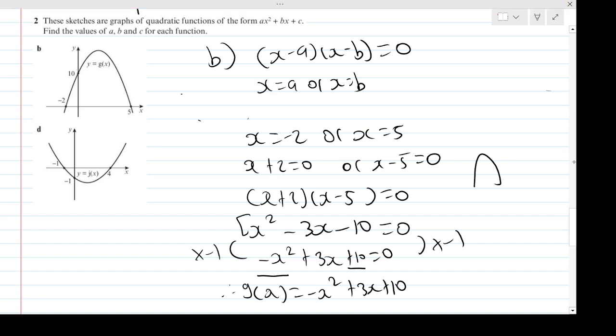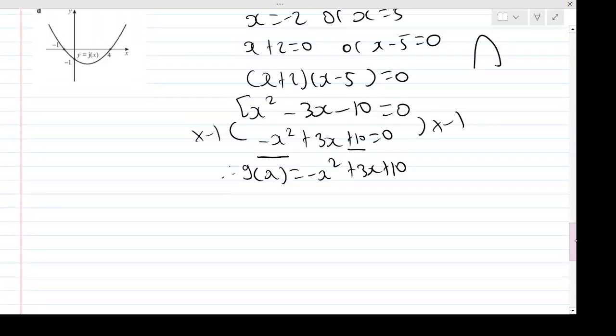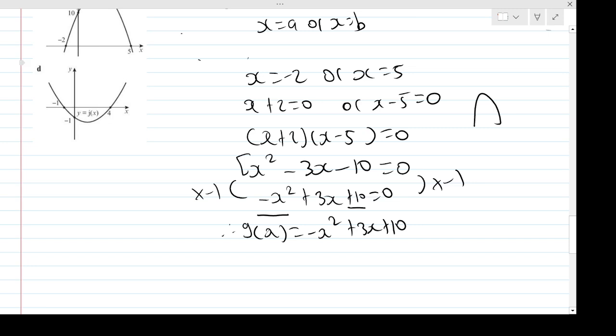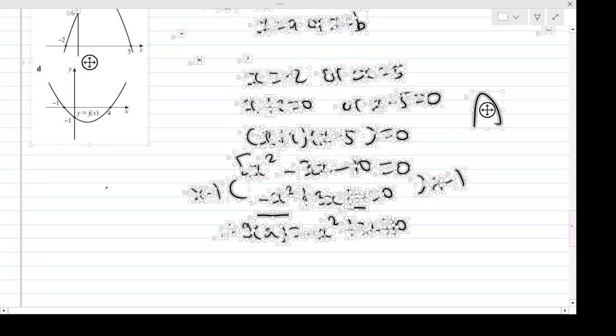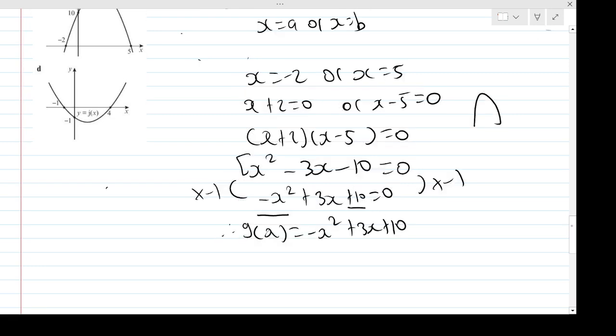Okay, cool. Let's have a look at part D. Okay, so I know it's a smiley shape. But again, I can work backwards with the solutions like I did last time to get factors which we can expand. So I have -1 and 4.